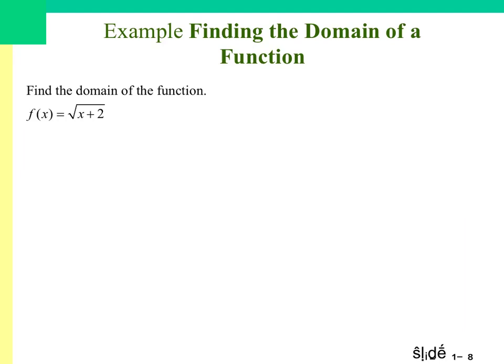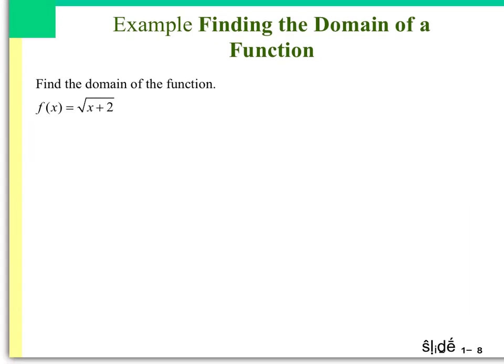So find the domain. What's the problem here? There's no restrictions. Well, there is. What can you not take the square root of? A negative. So how do we find the domain? Set what's underneath greater than or equal to 0 and solve. So you know that x has to be greater than negative 2. So how do we write that?